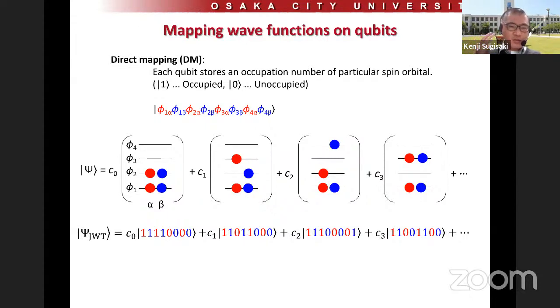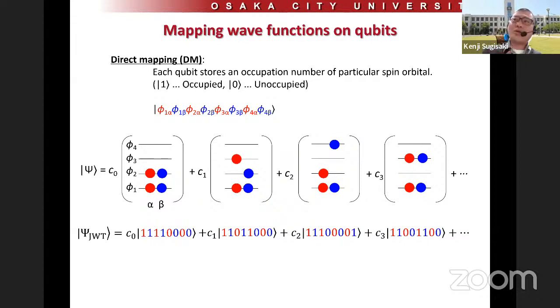So the only possible configurations are 1100 or 1001, 0110 or 0011 if we think about the spin singlet state. The 1111 state, for example, is 4 electrons in 4 spin orbitals, so it corresponds to the dianion of the hydrogen molecule.